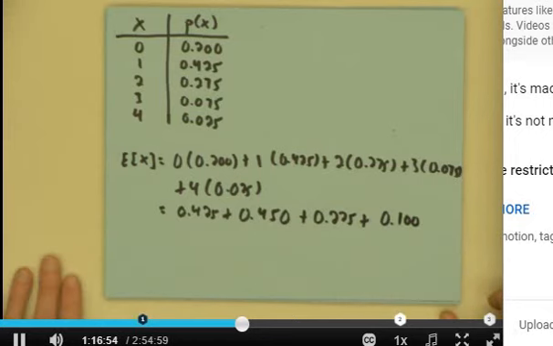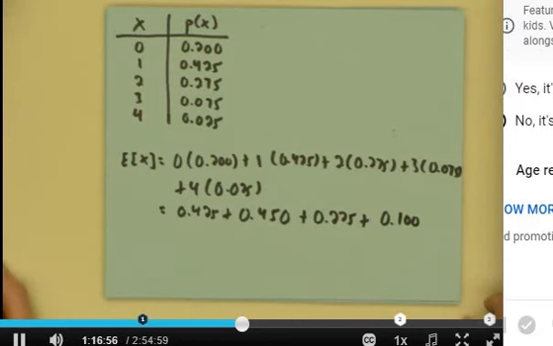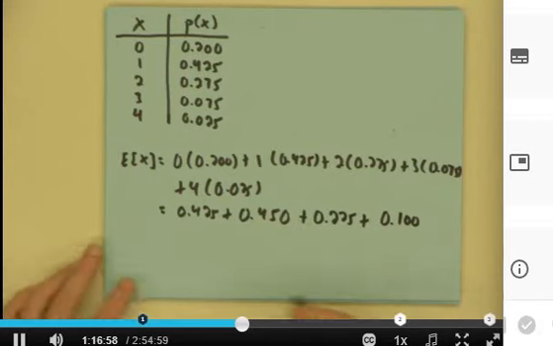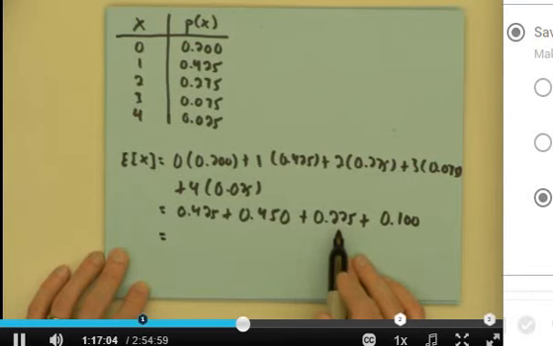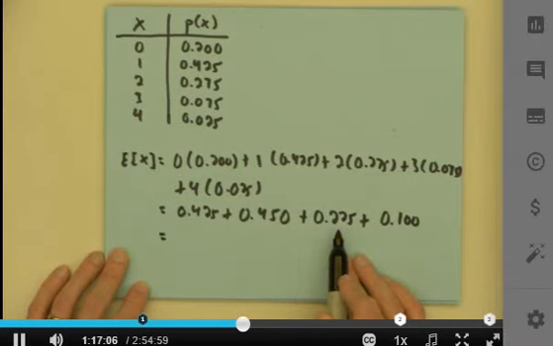I think that's right. Okay. And when I add it all together, 0.425 and 0.225 should make 0.65.